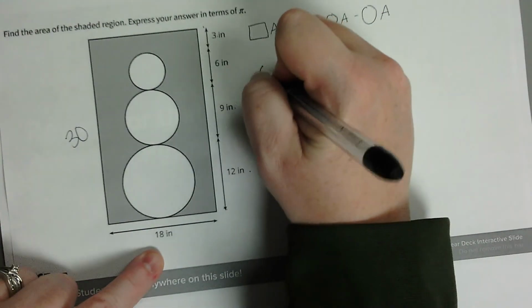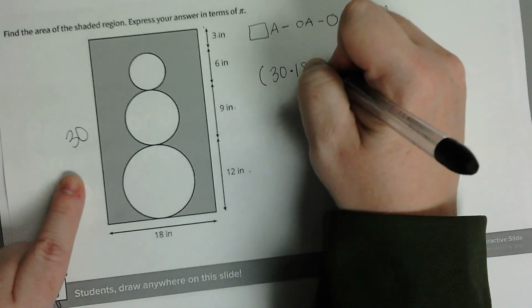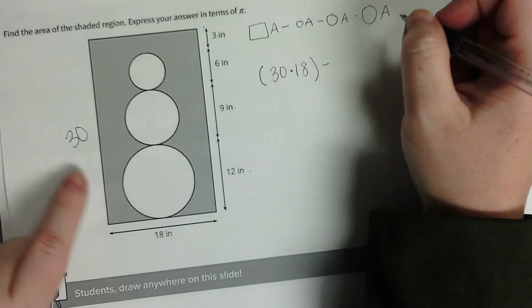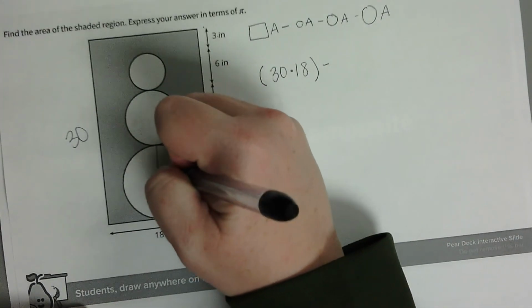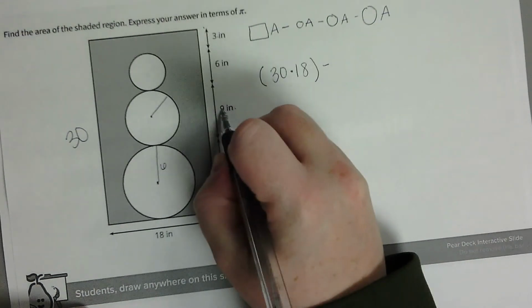So our rectangle is 30 times 18 minus the diameter of this one is 6, or radius. The radius of this one, if the diameter is 9, the radius would be 4.5.